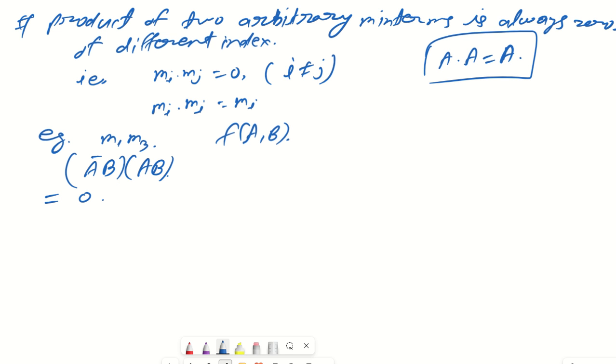Understood? Now another property, for max terms: the sum of any two arbitrary max terms is always 1, for different index. Okay, we'll take up max term.